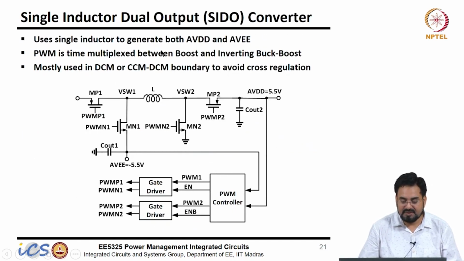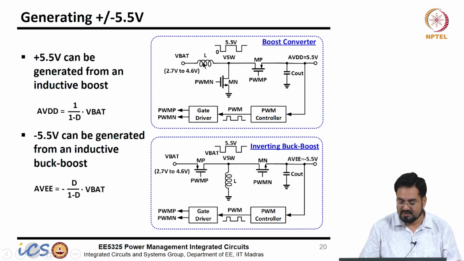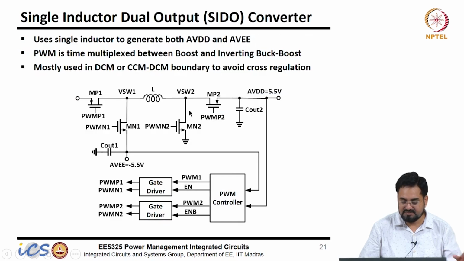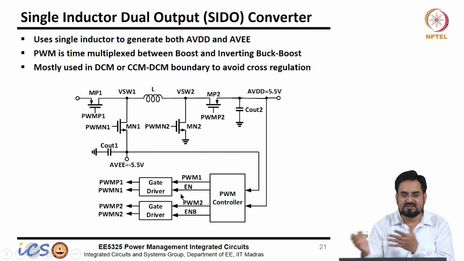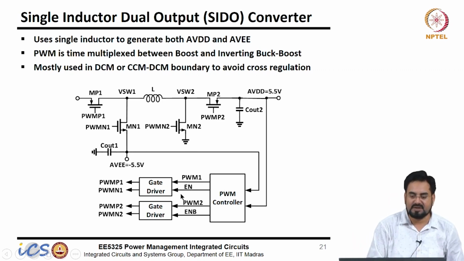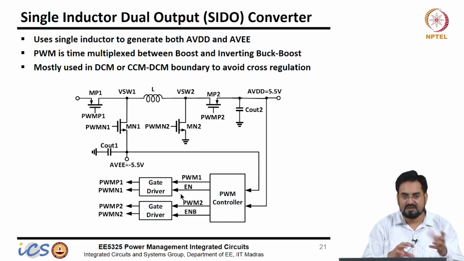Another possibility could be a single inductor multiple output. Now we know how to do an inductive boost and an inductive inverting buck boost. If we connect this inductor in an H-bridge manner, which means four switches, it's like time multiplexing, just like we saw in the single inductor multiple output. It's nothing but the same, and we know how to control that.